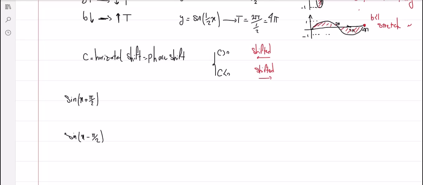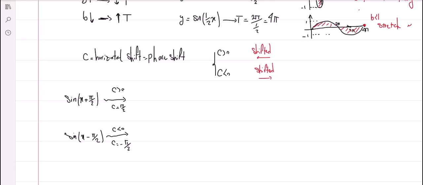First, the c value in the upper function is positive because c is equal to pi over 2. And the c value in the lower function is less than 0, which is negative, because c is equal to minus pi over 2.